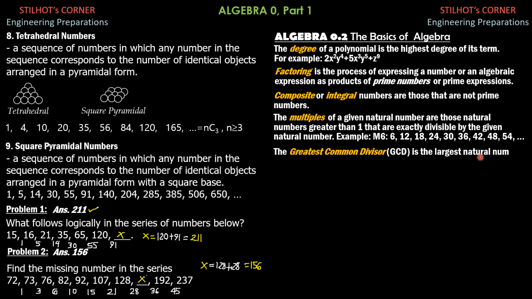For instance, if we are asked about the GCD of 60 and 90, it is the largest natural number that is a common factor of both 60 and 90.